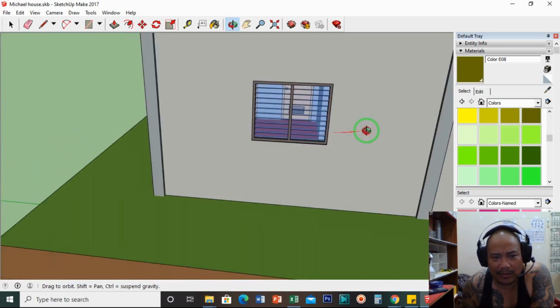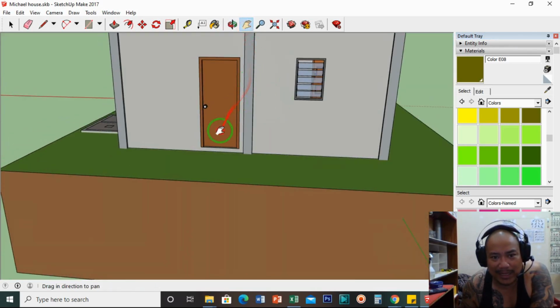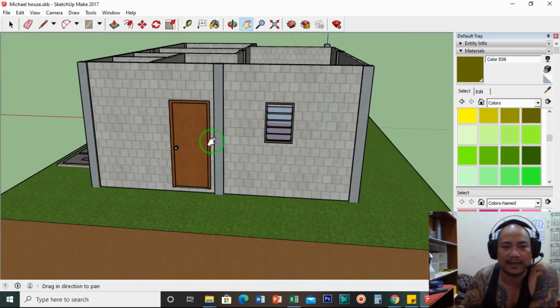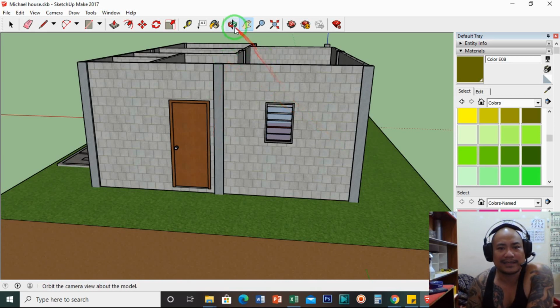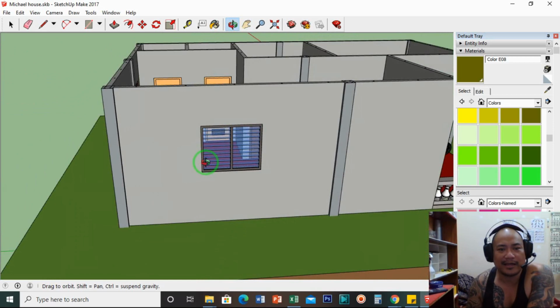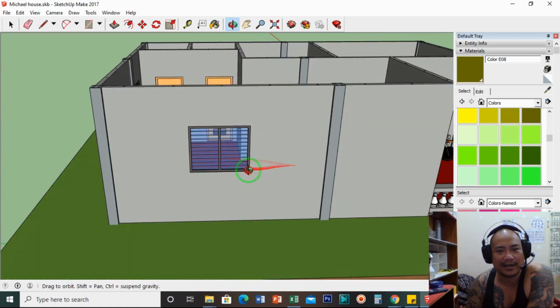At the back also, my friend, there's still space. If my friend wants an extension for laundry purposes, he can extend at the back portion of his house. By the way, the area behind this house is a rice field.